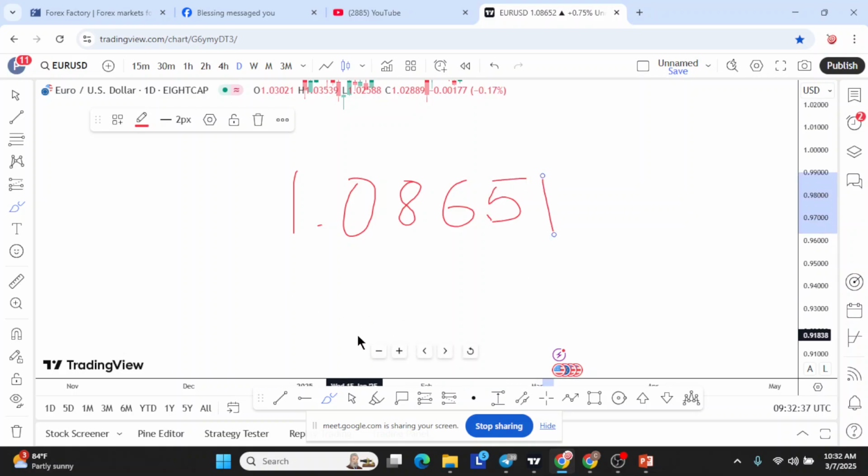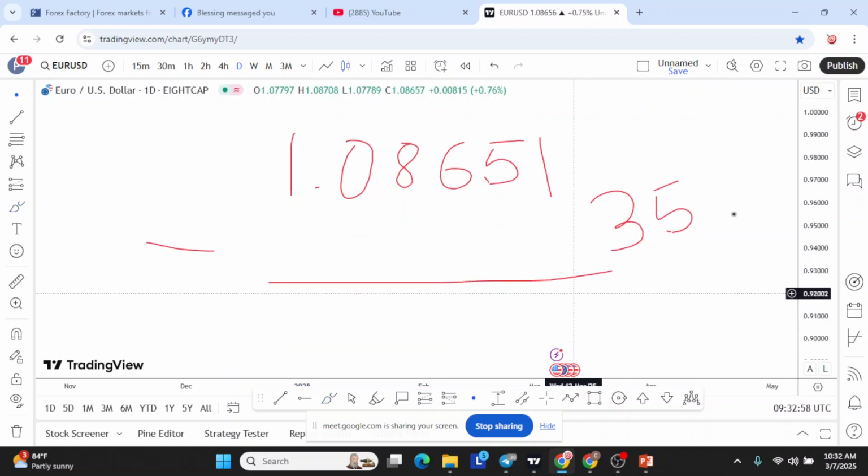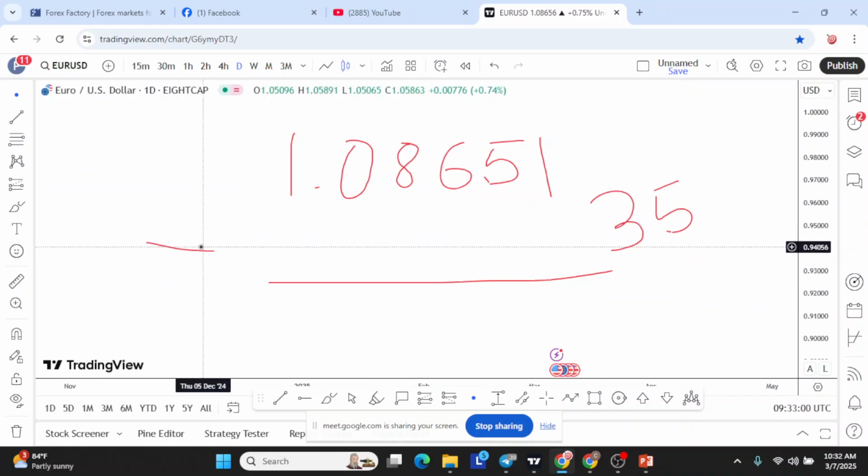So now what I want you to do is calculate, if price should go down by 35 pips, what is going to be the new exchange rate? What is going to be the new price if we depreciate, or it goes down, by 35 pips?